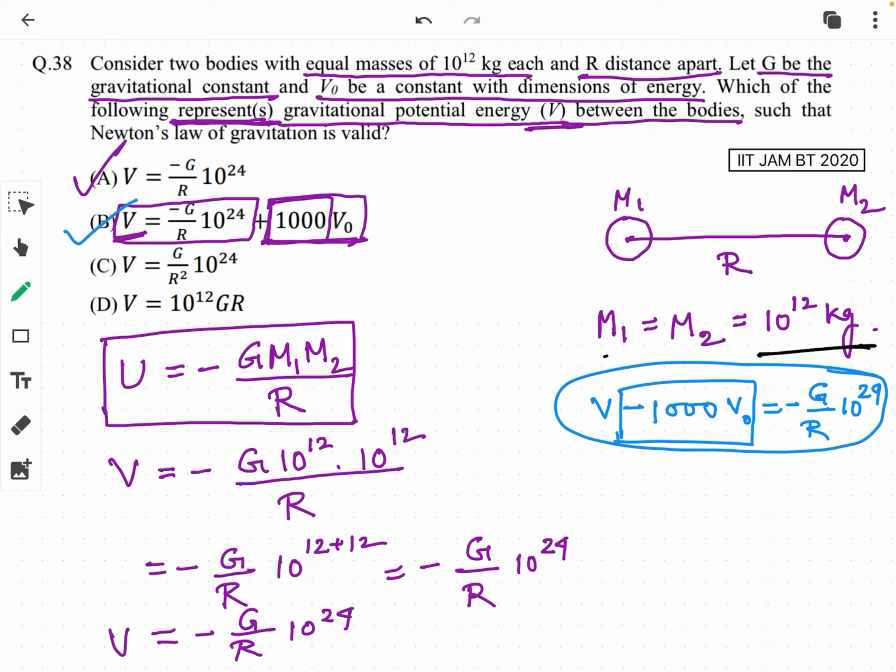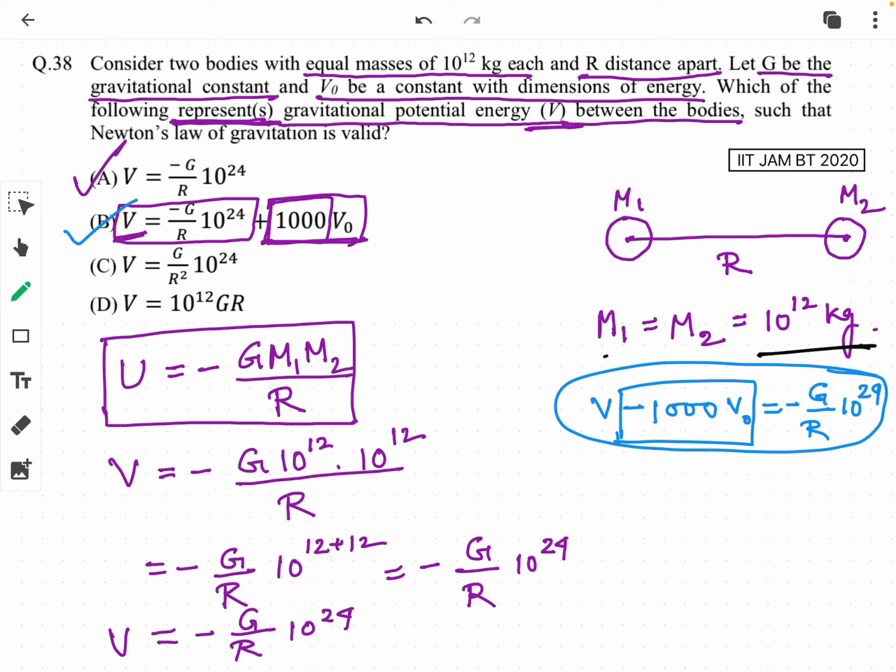Now let's go to option C. V equal G by R square into 10 to the power 24. First of all, gravitational potential energy would always be negative, so it is not true.